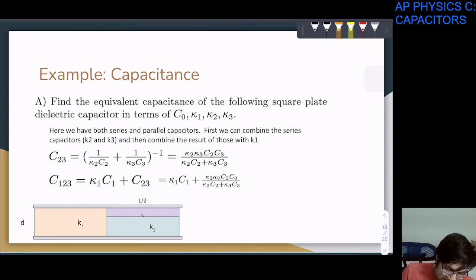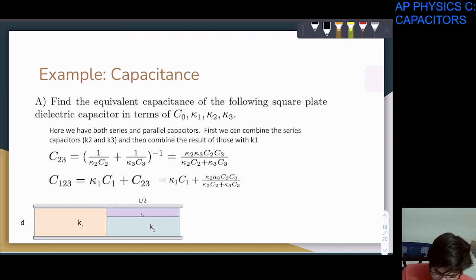So we get 1 over, this time instead of just C2, it's K2 times C2, because there's a dielectric material, and then K3 times C3. If you do the math, you end up getting this expression. And now this becomes our equivalent.